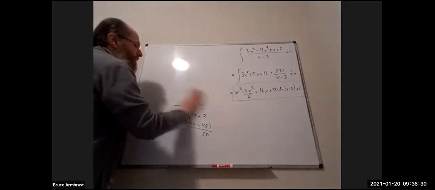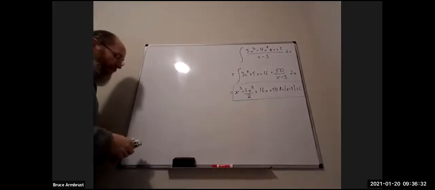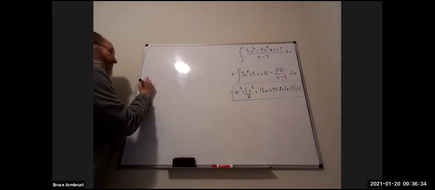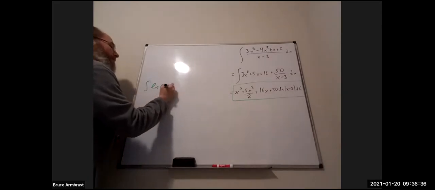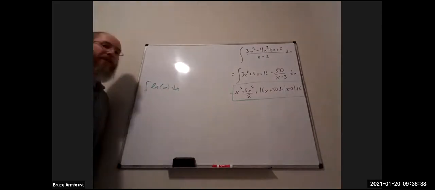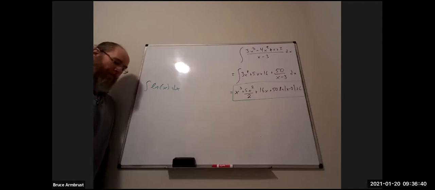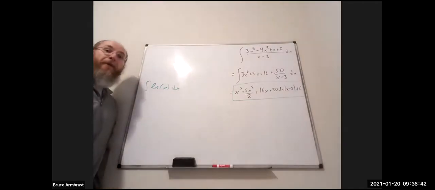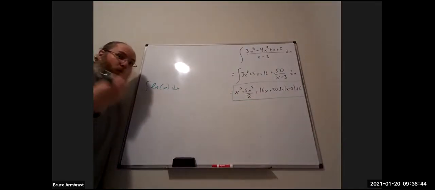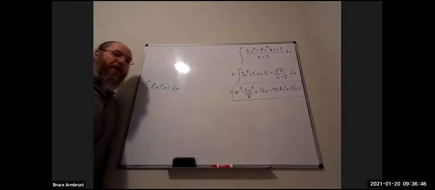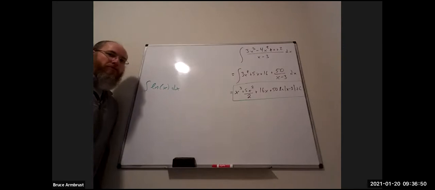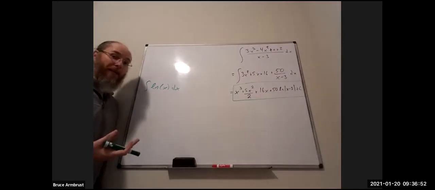So what is this? What if we just have a function, natural log? Unfortunately, we as a group are not ready to find this, so I'm going to tell you what it is.